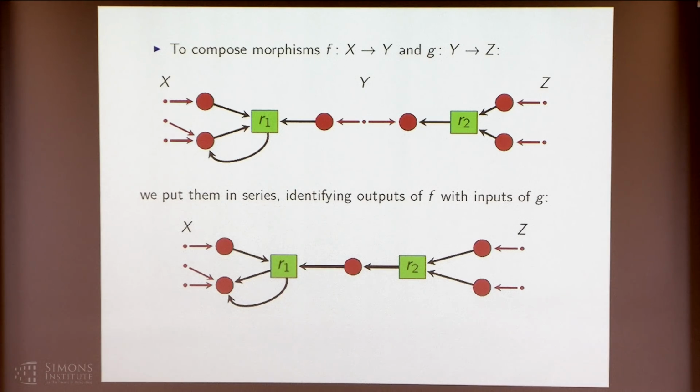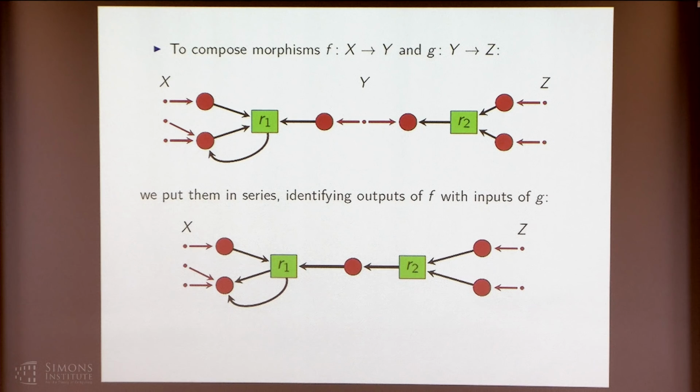So to compose these, you do a more or less obvious thing. Here I have one of them going from X to Y, the same one as before, I guess. And here I have another morphism, G, going from Y to Z. So we have a function from Y into the set of places of our first Petri net, but also into the set of places of our second Petri net. And so we use that to say, hey, we're going to identify this place with this place, and we get a single place in the composite Petri net.